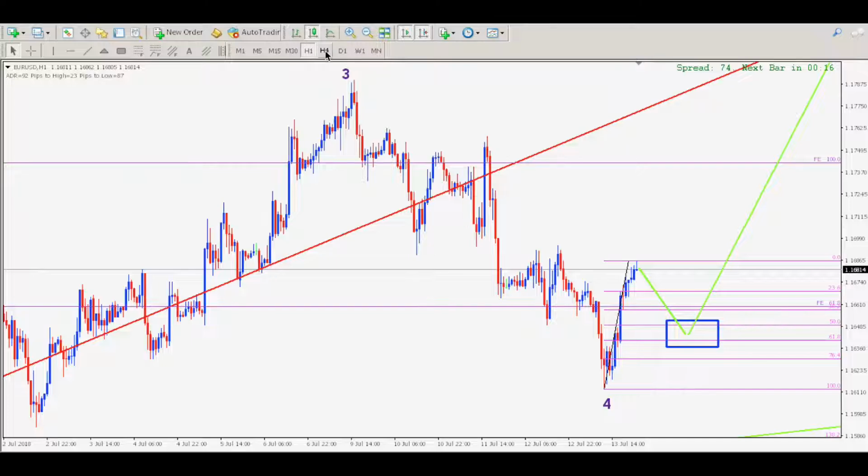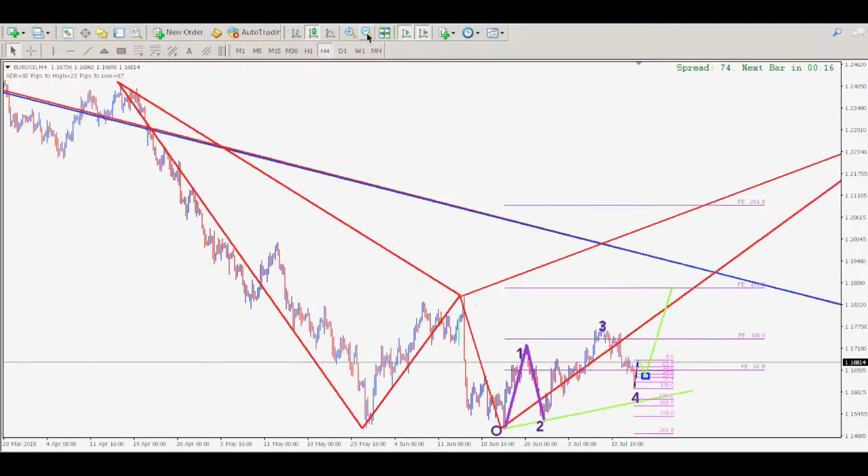And once it does that, we're looking for it to go ahead and buy up for us to the 1618. And if you look left, you see why it will hit there and give some push back to the downside, because this is where point B was created on this bearish pattern.